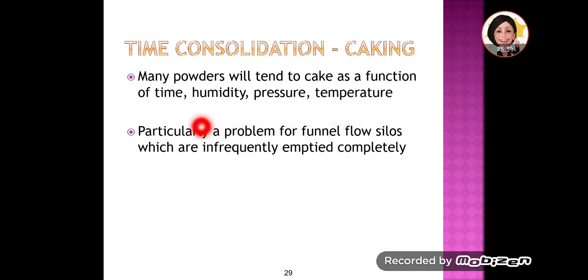An example is Milo. If Milo is passing through a funnel, and some Milo particles are left in the funnel, after some time it will attract humidity and can start caking, building up and sticking to the wall.